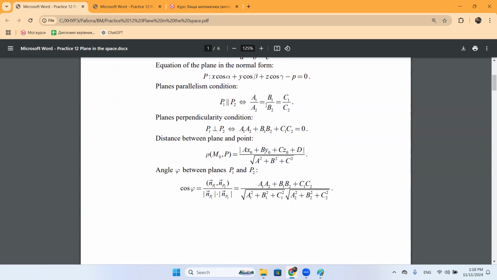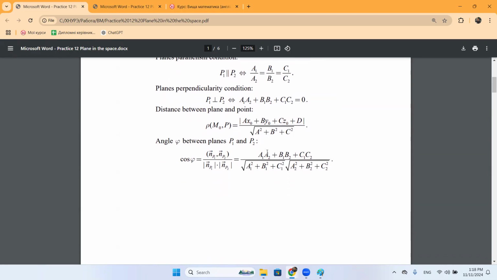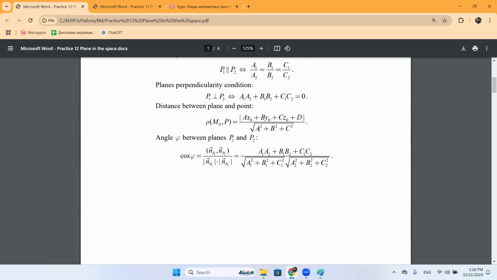Now the condition of plane parallelism: planes are parallel if the coordinates of their normal vectors are proportional, and they are perpendicular when the scalar product of their normal vectors is 0.